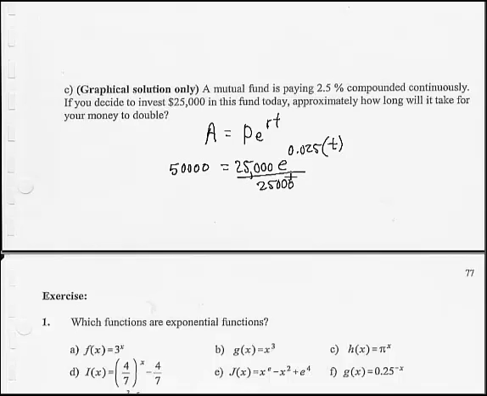To solve for T, we divide both sides by 25,000. And so we run into a problem. We don't know how to get this T by itself, but we'll learn how to do this algebraically in the upcoming sections.